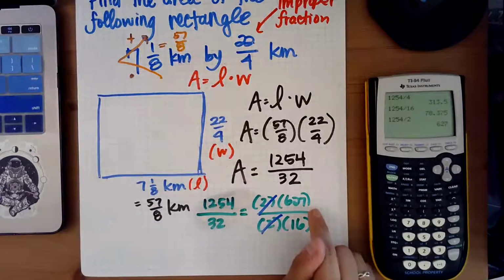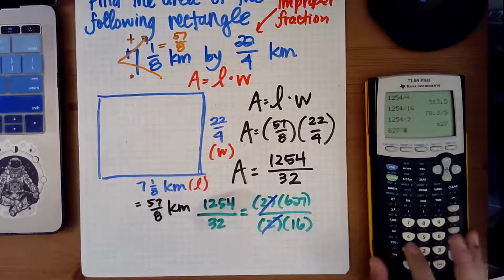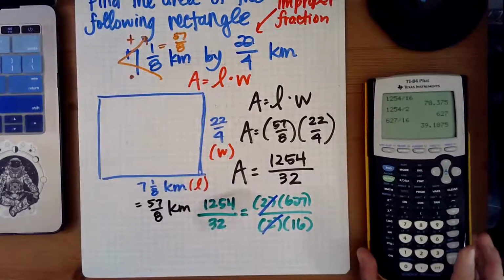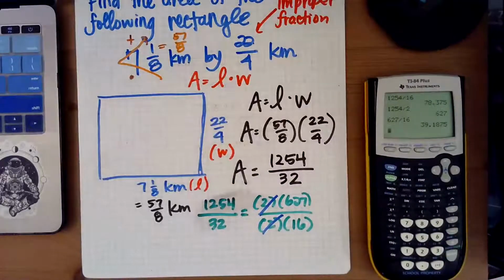So I've got to see how many times 16 fits into 627. 627 divided by 16 gives me 39, so I know it's going to be 39 and something. Let's look at that.